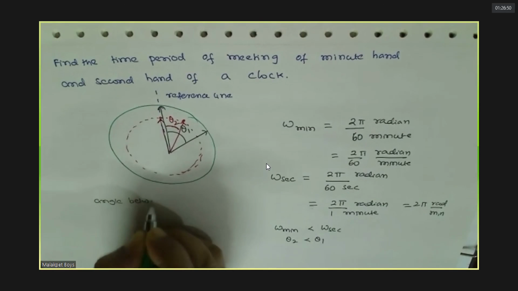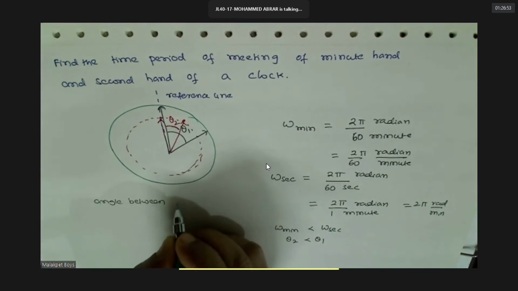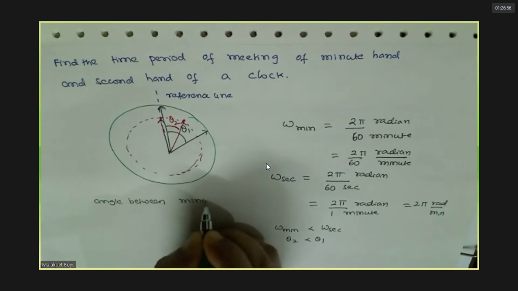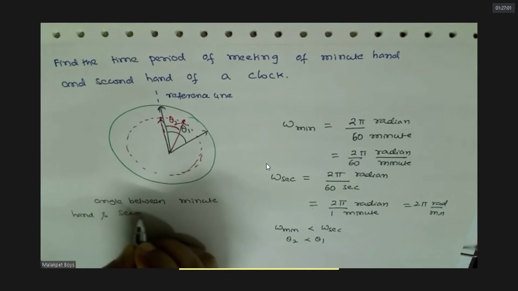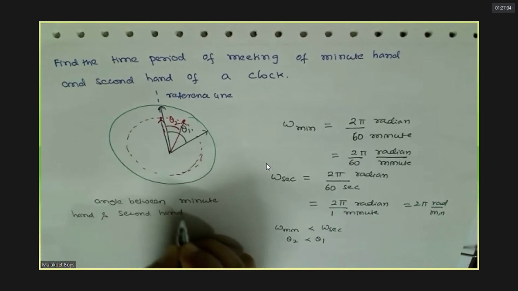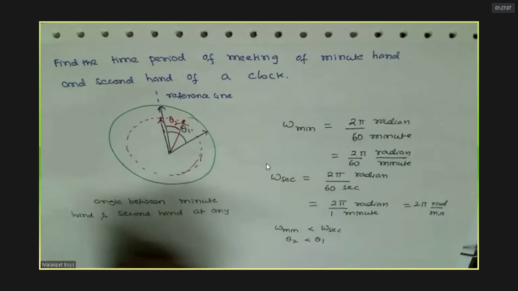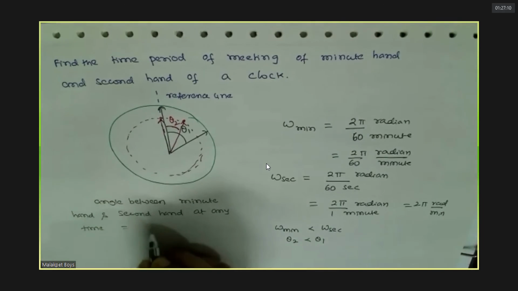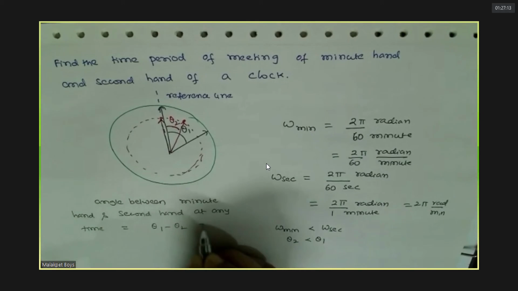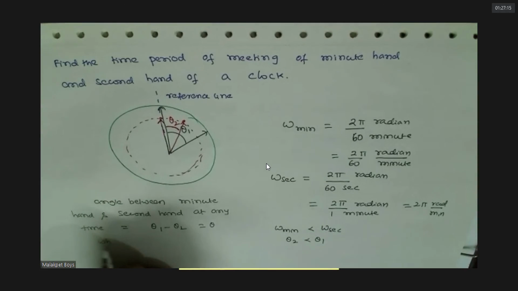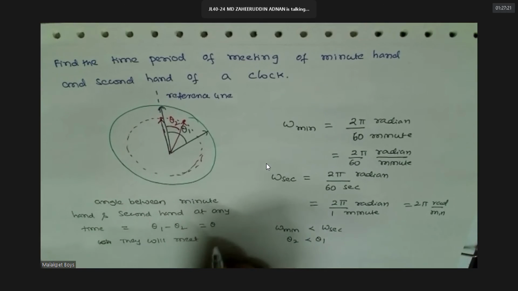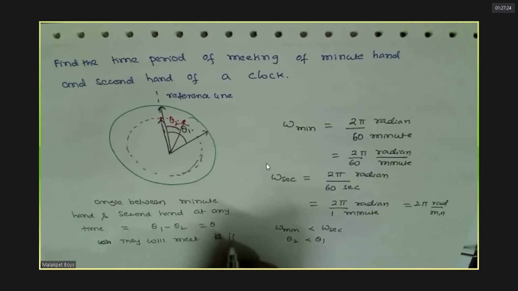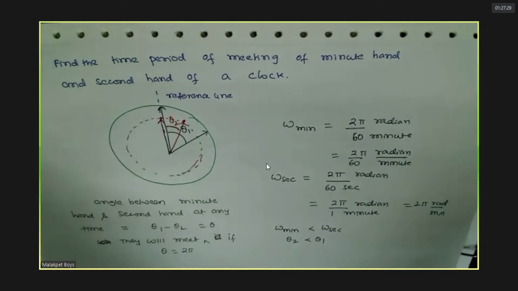The angle between the minute hand, theta 2, and second hand at any time t is nothing but theta 1 minus theta 2. Call it theta. So when will they meet? They will meet when theta 1 minus theta 2 is equal to 2 pi, no? Do you agree with this or not?